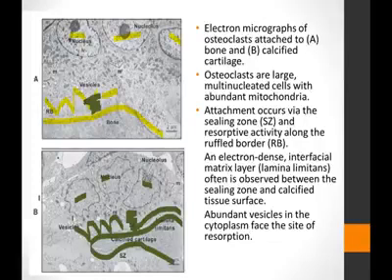And the resorptive activity that has to occur on the bone occurs only along the ruffled border of the osteoclast, which we call the resorptive region, and between the sealing zone and the resorbing bone surface there is an electron dense matrix layer called the lamina limitans.